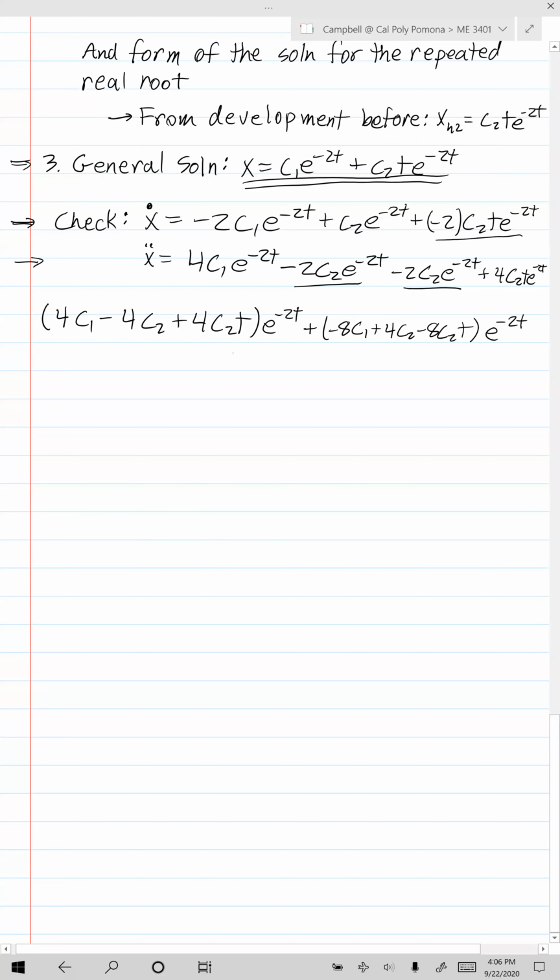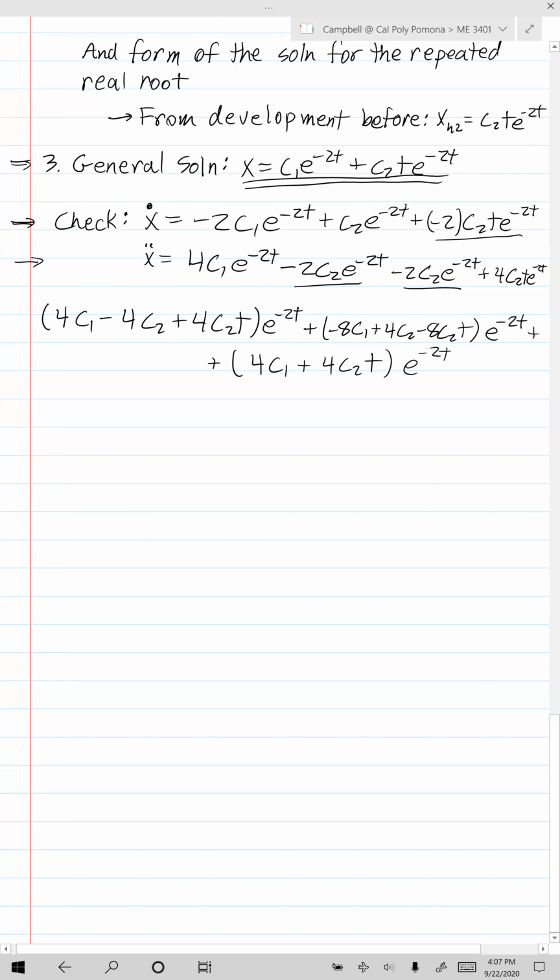That one's relatively straightforward, though. We get a plus 4 times c1 plus 4 times c2t, all that times e to the negative 2t.